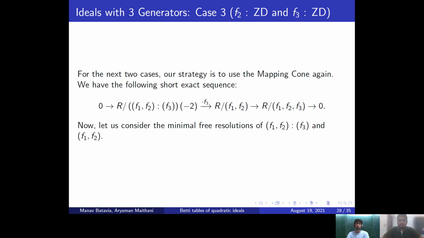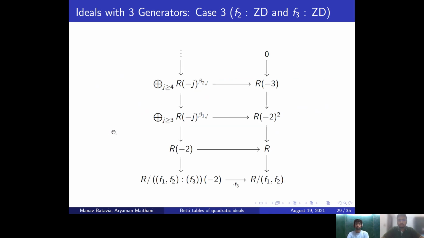Now let us consider minimal resolutions of R mod (f1, f2), R mod (f1, f2) colon f3 and R mod (f1, f2, f3). Note that f2 is a zero divisor, f3 is a zero divisor over here. So as done in the two generator case, the resolution of R mod (f1, f2) is precisely this: R, R(minus 2) square, R(minus 3), 0.